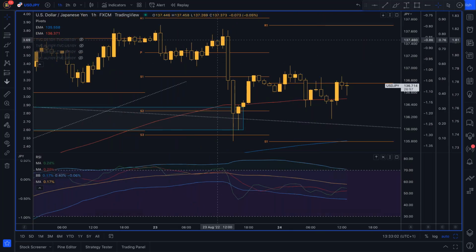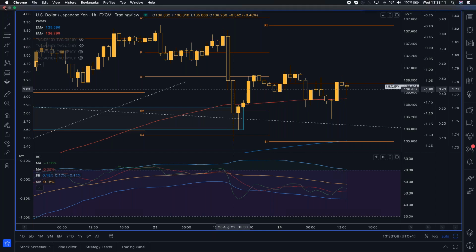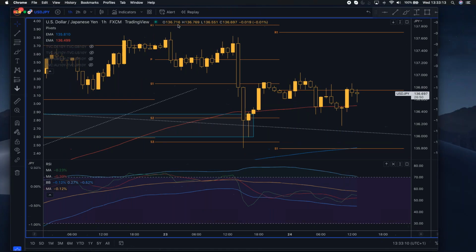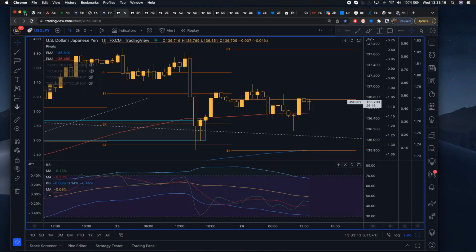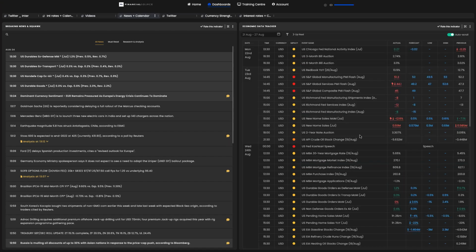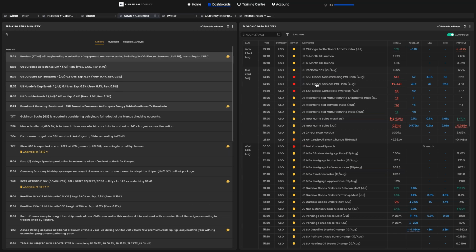Now, yesterday we had the dollar-yen moving sharply lower. That was on some disappointing data points out of the US. I'll just show you that run of data, and it will make a lot of sense to you when you see what was going on. Yesterday, we had new home sales, big, massive slowdown, and global services PMI flash, massive slowdown, 44.1, well below the minimum expected of 47.